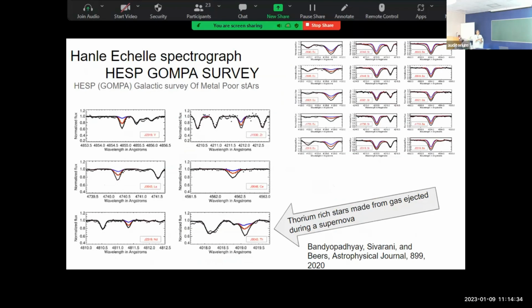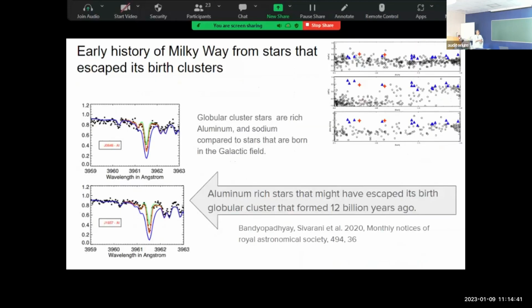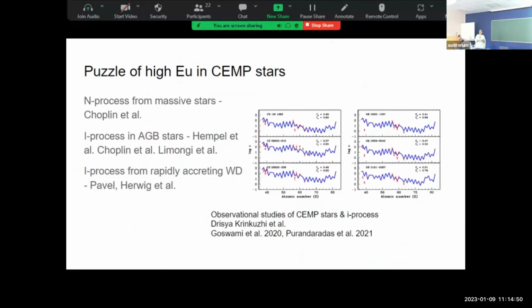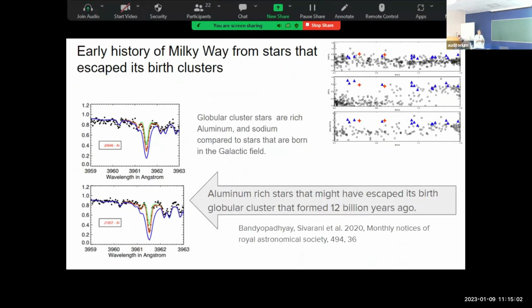We have a survey which was done with the Wide-field Echelle spectrograph, and some of this work has been done with that. We also looked at some escapees from globular clusters based on the abundance trend. These are all possible with a survey with this, which has a large volume, because you have to survey the entire halo and also detect some of these key elements like aluminum, sodium, and magnesium.